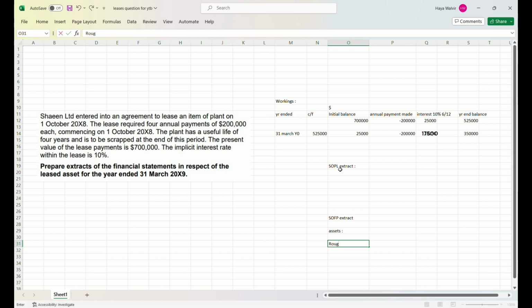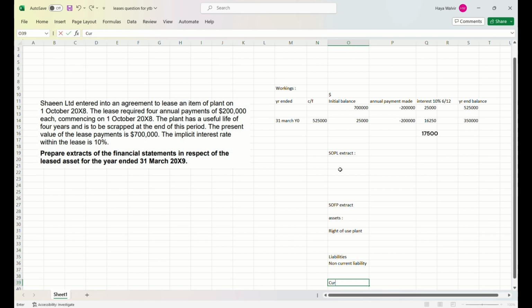So we write it as right of use plant, and then we go to liabilities. We write it as non-current liability and current liability. Right? Two separate, it should be classified into two. So as per this information, it will be which amount? 3,50,000.